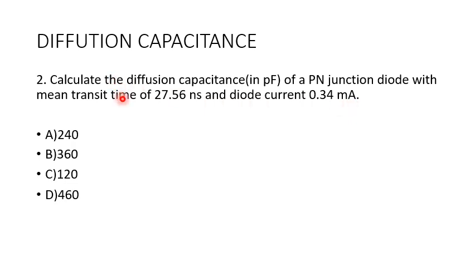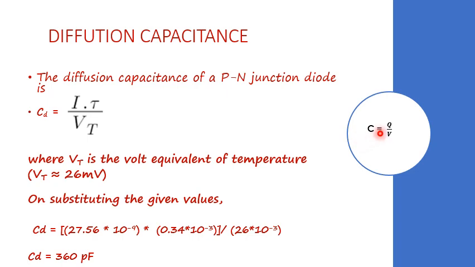Look at the question. They have given the transit time and current, but they asked you to find the capacitance. In general, how will you express the capacitance? We express the capacitance as C = Q by V. But they have given current and time.